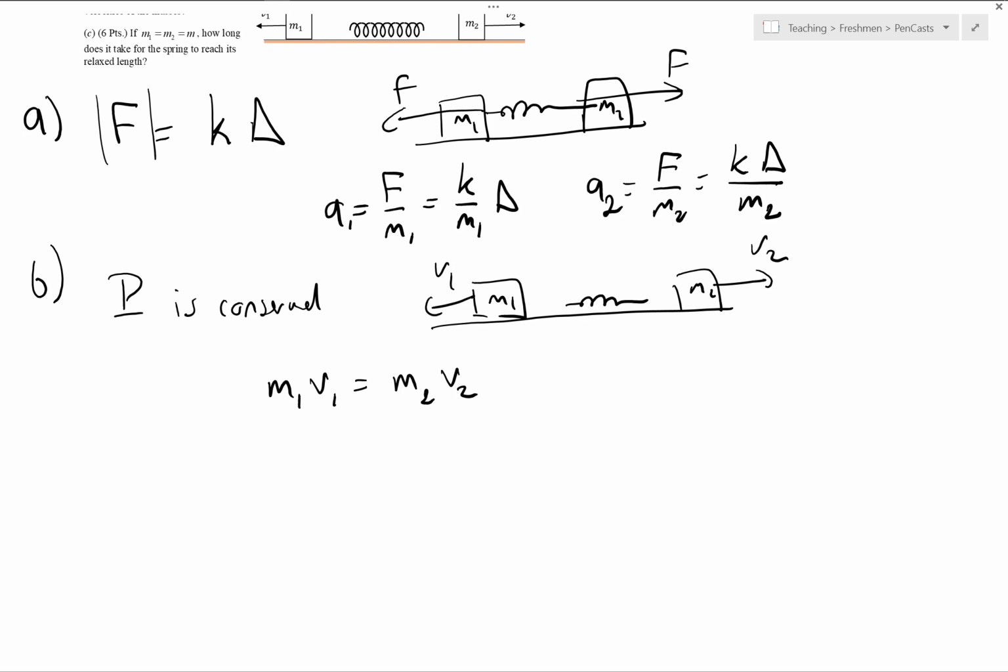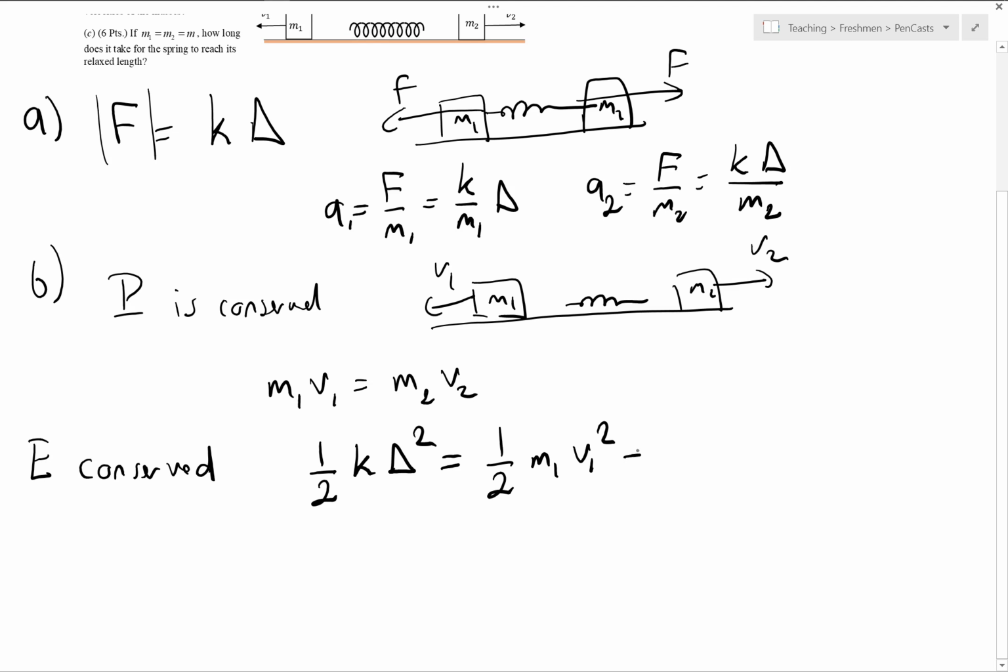But also during this process there is no dissipation, there is no force which is not conservative. So energy must be conserved. Which means my initial energy, there is no kinetic energy initially, all my energy is stored in the spring. That must equal the final energy, which is going to be 1/2 m1 v1 squared plus 1/2 m2 v2 squared.